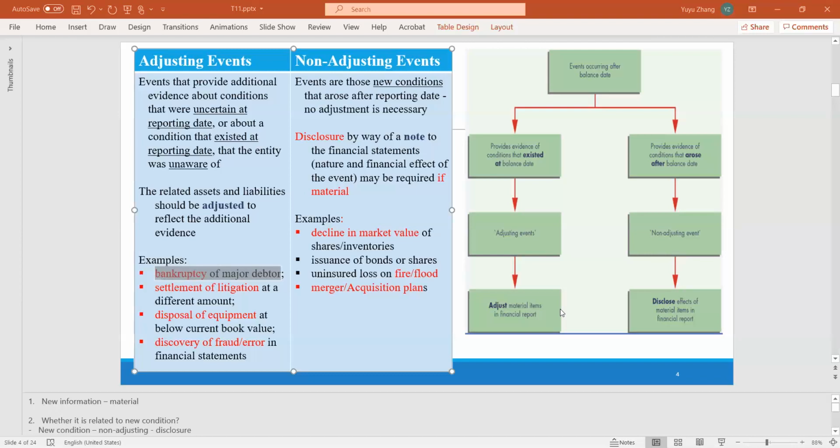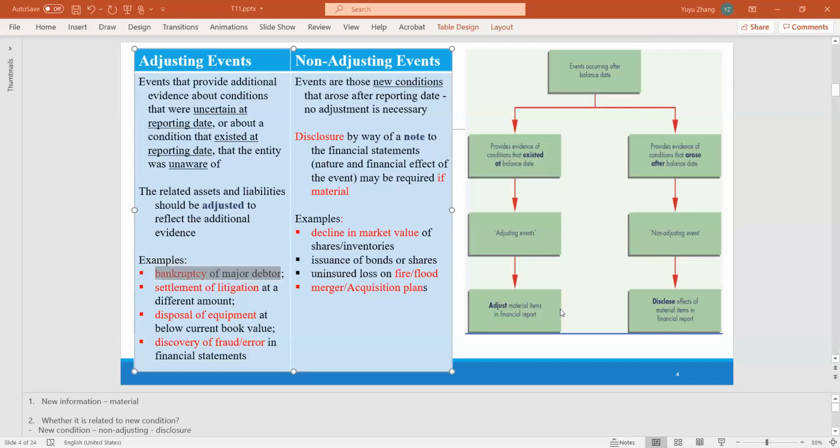For example, the issuance of bonds or shares. For example, if there is a natural disaster and the net losses from the natural disaster which are not insured, that would also be recognized as non-adjusting events. Similarly, merger and acquisition plans would also be recognized as non-adjusting events.